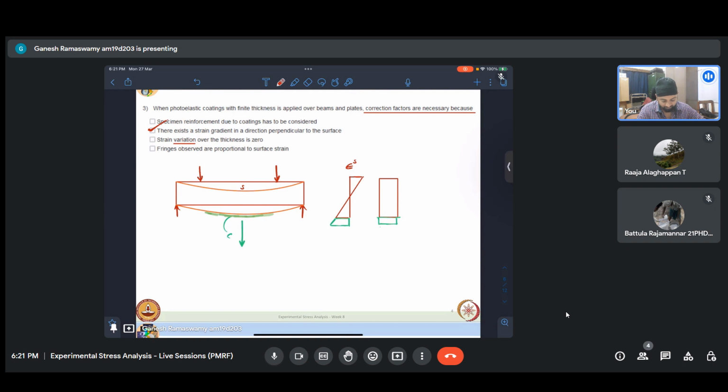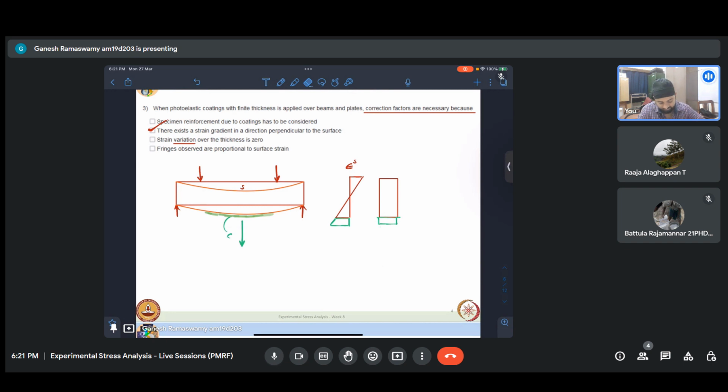Fringes observed are proportional to the surface strain. This is true, but we need not make any correction factors for this. This is a phenomenon based on which we are essentially hinging our entire analysis, but that is not anything that involves correction factors essentially.